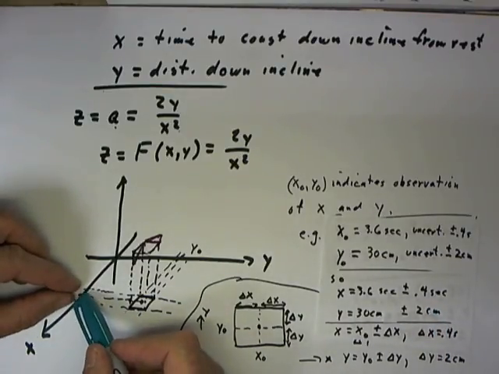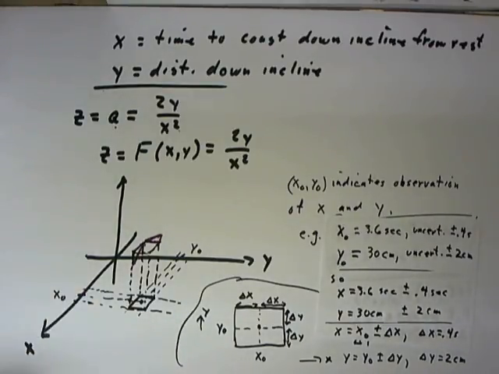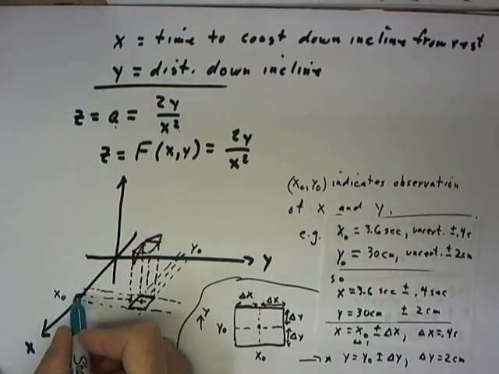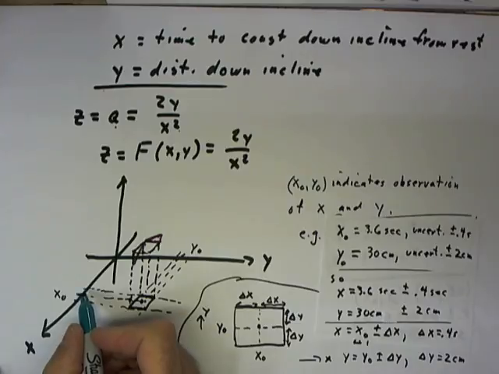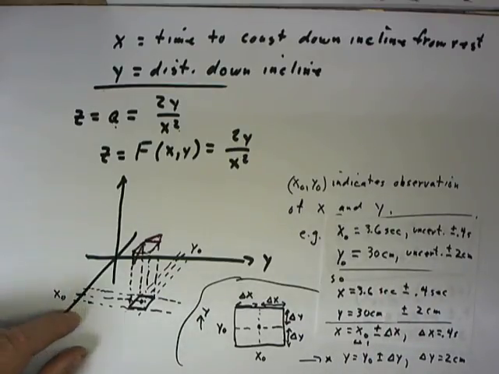That gives us an interval of the x-axis. We expect that if this is our precise observation, if we observe x naught, then that indicates an actual value somewhere between x naught minus delta x and x naught plus delta x, where delta x is 0.4 seconds, x naught is 3.6 seconds.